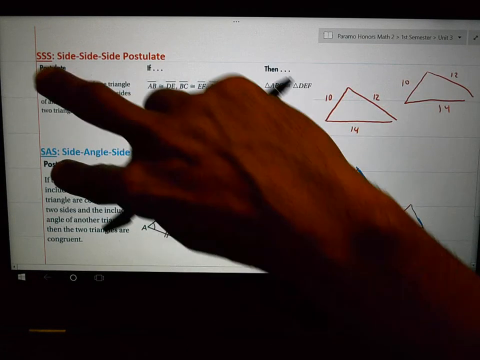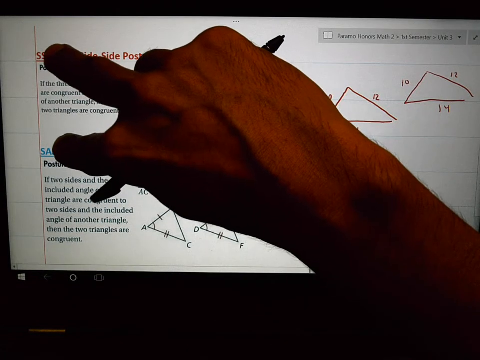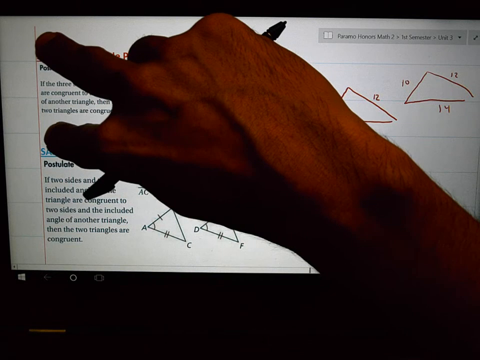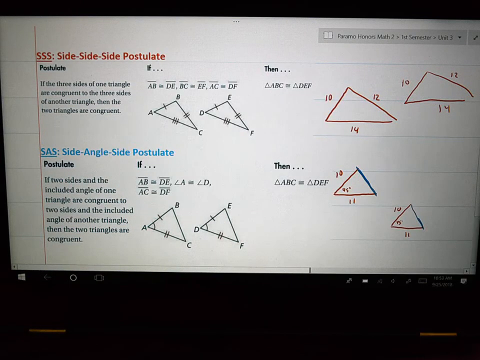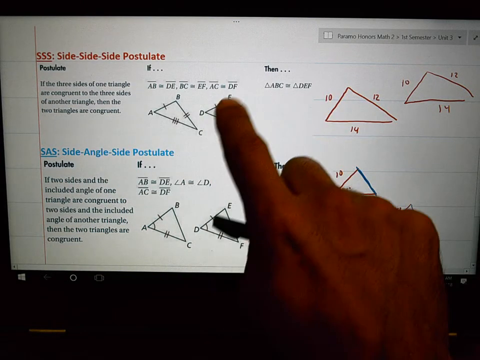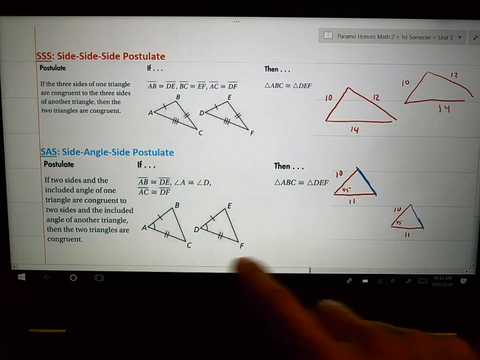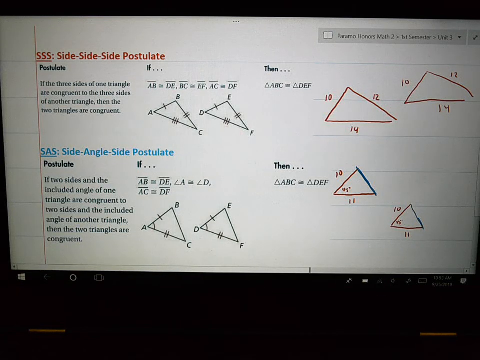These are the abbreviations that you're going to use to prove that the two triangles are congruent with the minimum amount of information. They will usually never be given to you separately like this. Most of the time, the triangles will be drawn together.